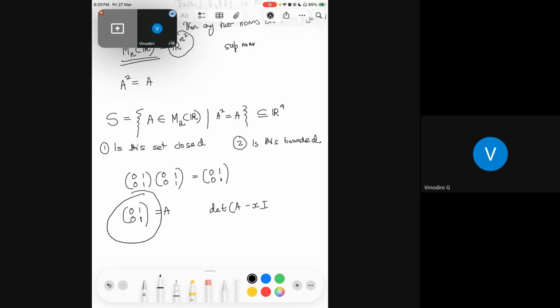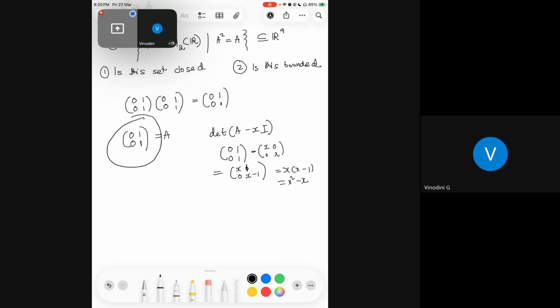So this is the matrix 0, 1, 0, 1 minus x, and we take the determinant of this matrix. The determinant is x into x minus 1, so this is x squared minus x. This is the characteristic polynomial.